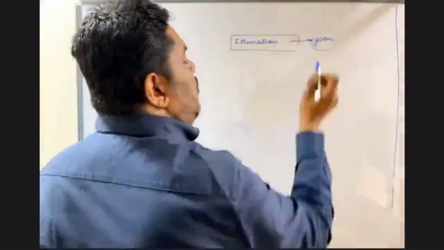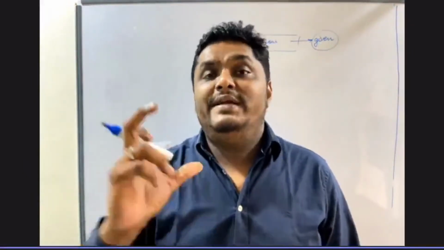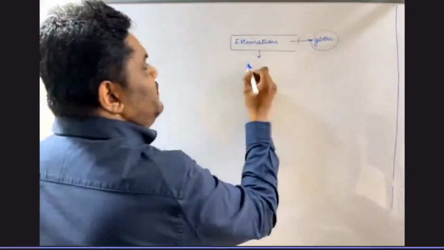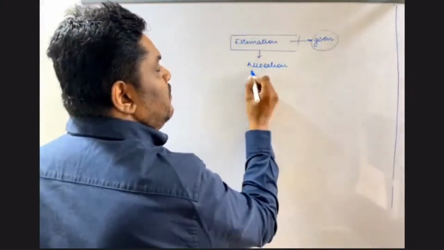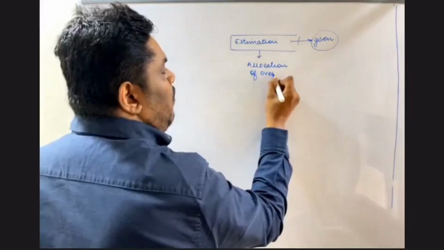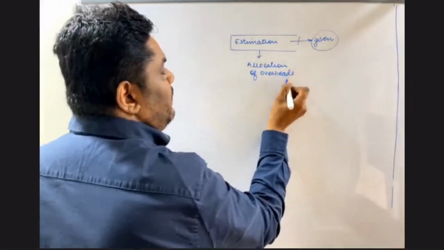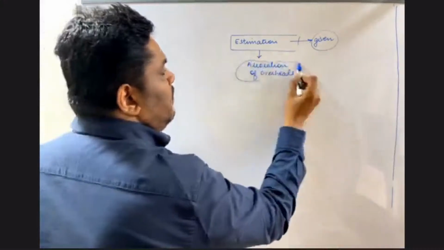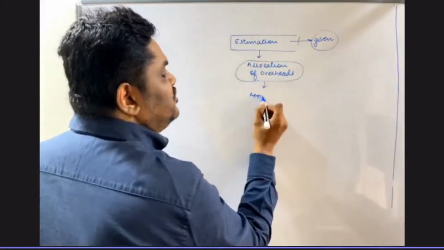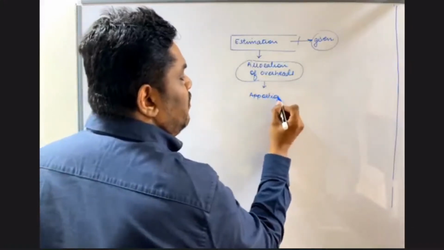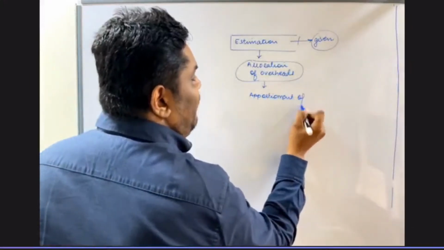Now, once the overheads are estimated, the distribution process starts. The first step of distribution is allocation of overheads. After allocation, we do apportionment of overheads.